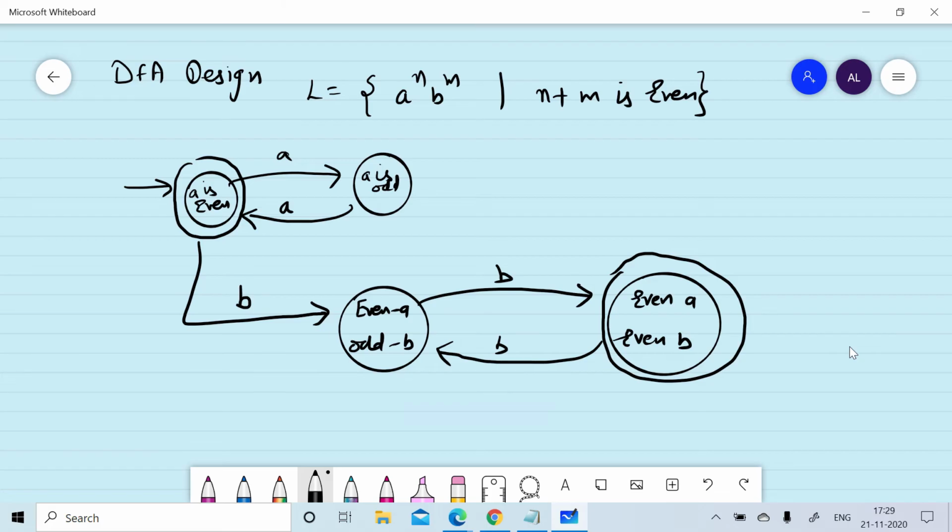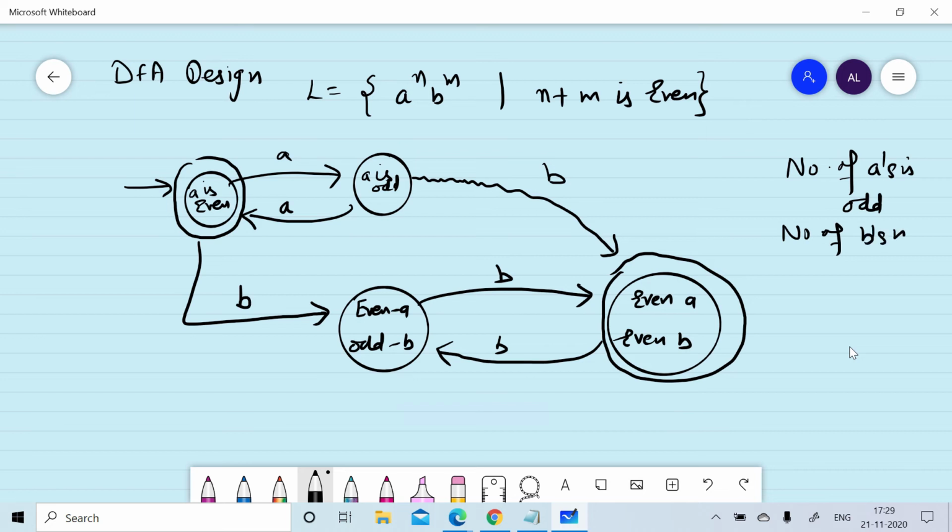Now if we read b on the odd a state, we can move to the final state because it represents the case where the number of a is odd and the number of b is also odd. So this final state represents both cases, even a even b as well as odd a odd b.